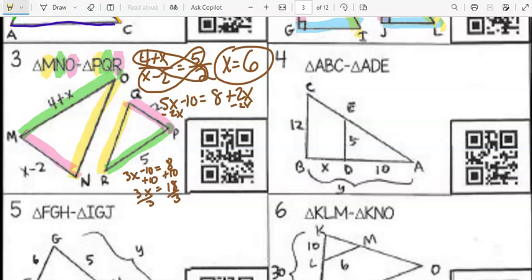Number 4, triangle ABC is similar to triangle ADE. Let's mark the sides.